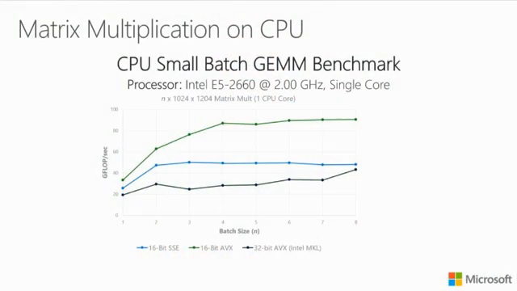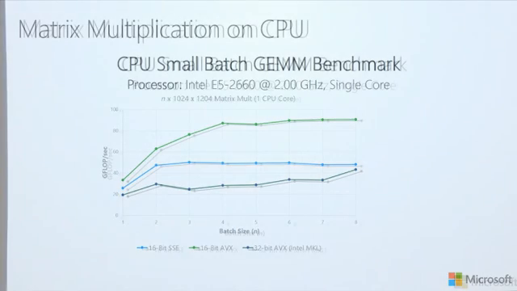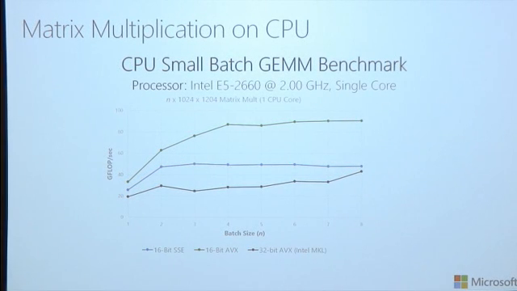But the important thing is this performance. The dark blue line is MKL, which uses AVX, but floating point AVX. The light blue line is using SSE, which is what's available on older chips.